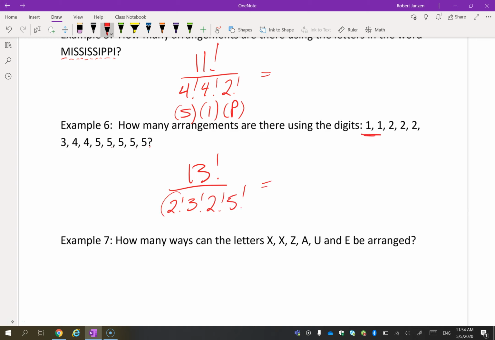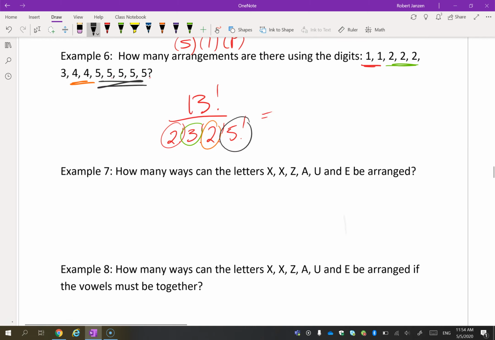So the 1s, the 2s, the 4s, and the 5s. Okay? A few more examples like that. 1, 2, 3, 4, 5, 6. 6 factorial. There are 2 x's.